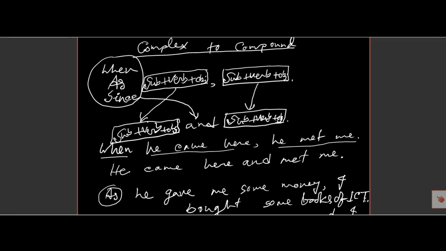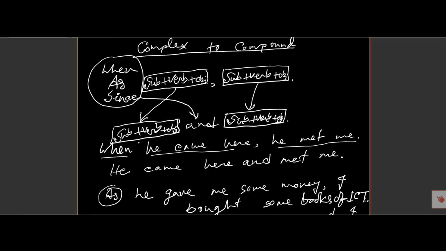So removing when and since, we must begin from this part, and then instead of the comma we put the conjunction and here, and the other part will be here. Here it will be: when he came here.